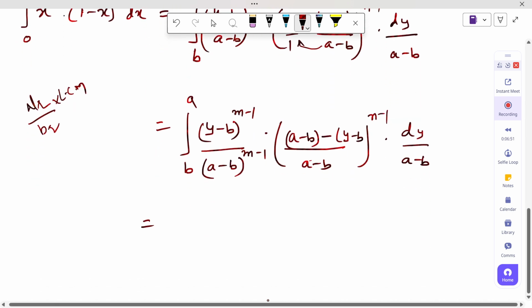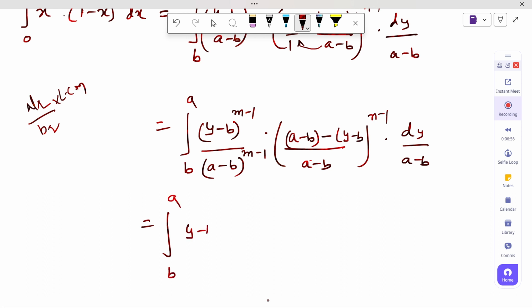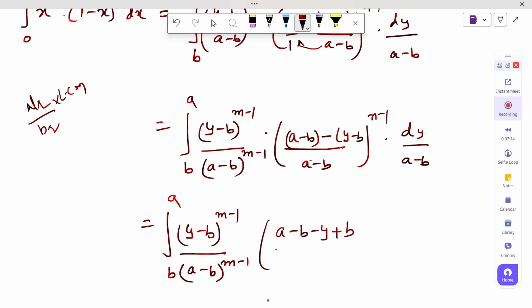It is equal to the integral from b to a of (y minus b)^(m minus 1) divided by (a minus b)^(m minus 1), and here, a minus b minus y plus b divided by (a minus b), to the power of n minus 1. This and this will get cancelled, into dy divided by (a minus b).